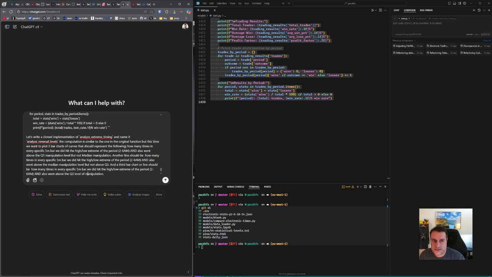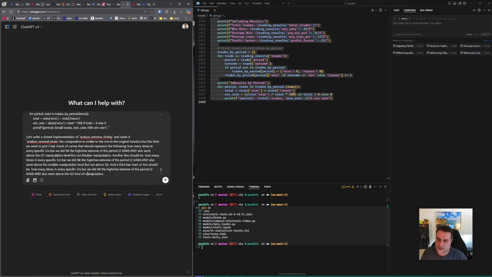Okay, so let's write a clone implementation of extreme timing, call it analyze reversal levels. Similar, but we want to measure how many times in every specific 5-minute bar we did hit the high or low extreme of the period, but also went above Q1 but not above the median. Another line hits the median but not Q3, and another line above Q3.